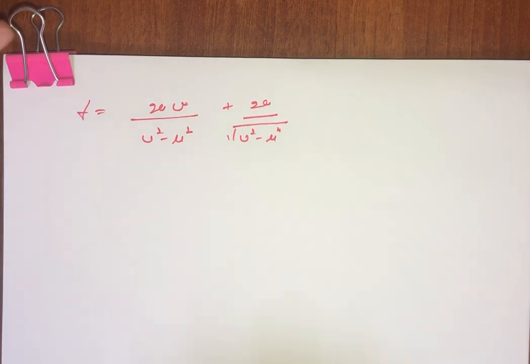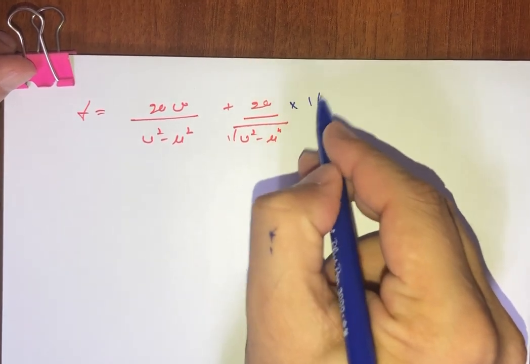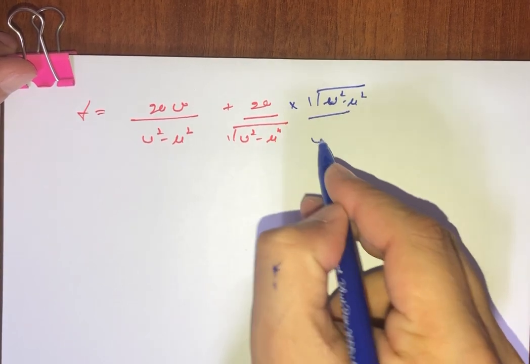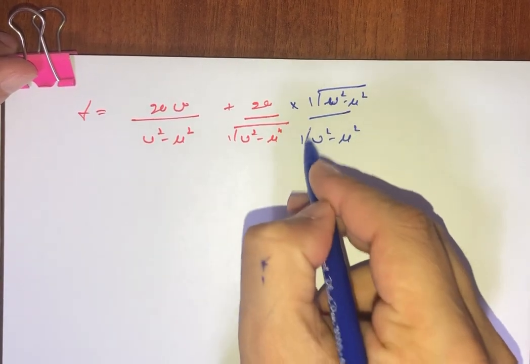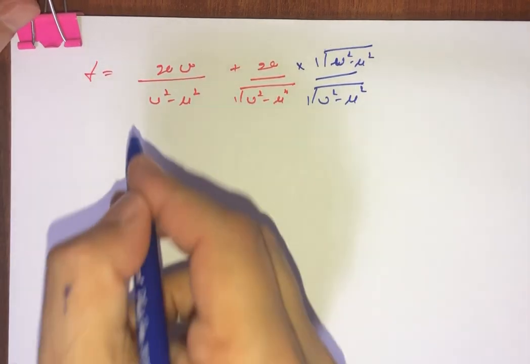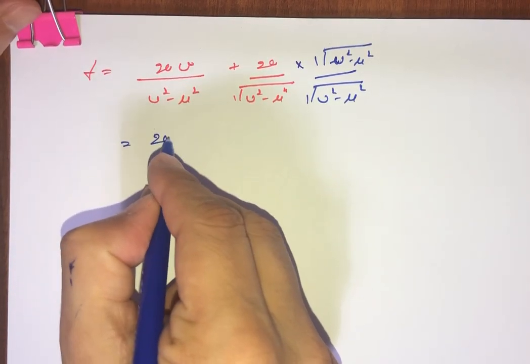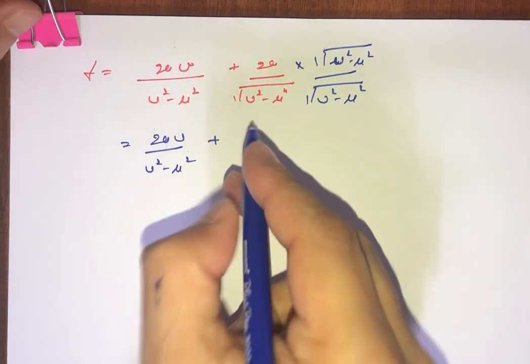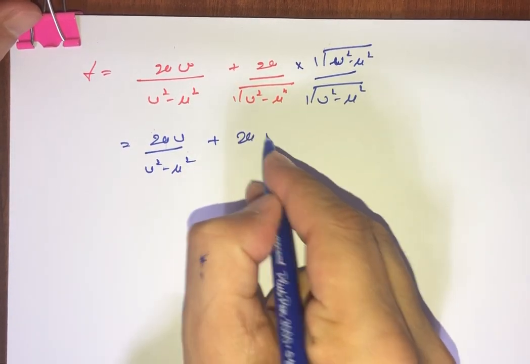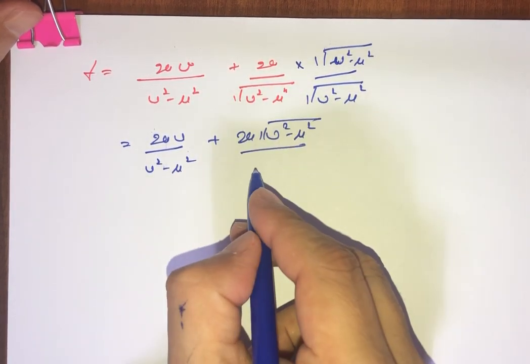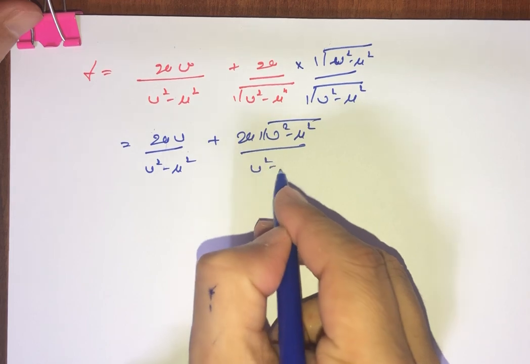So if we rationalize this part, we are going to get t equal to 2ab times v square minus u square plus 2a times v square minus u square and its square root divided by v square minus u square.